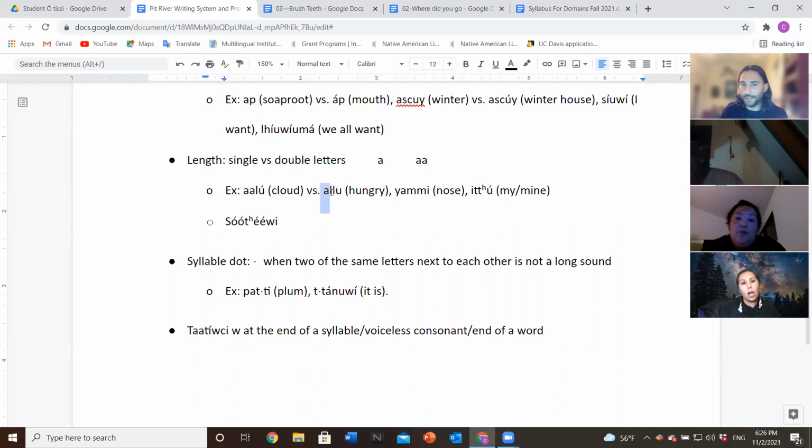So it's a short A and a long L. And then also the oo is a low tone. So alu versus alu. So these are kind of things that we don't really have to pay attention to when speaking English, but those things can change the word you're saying in Pit River.